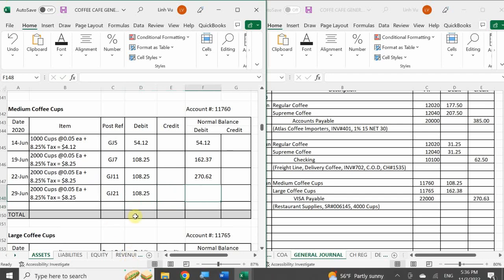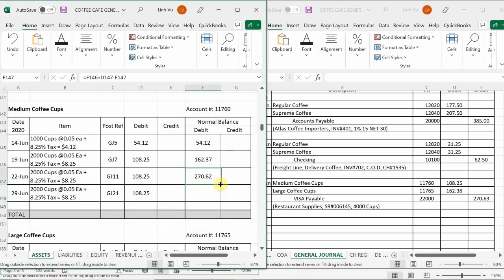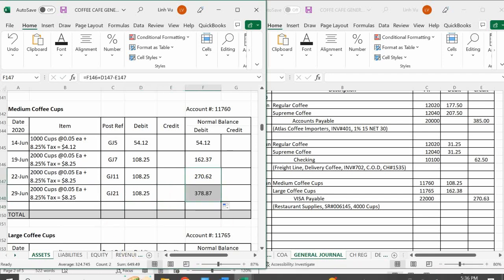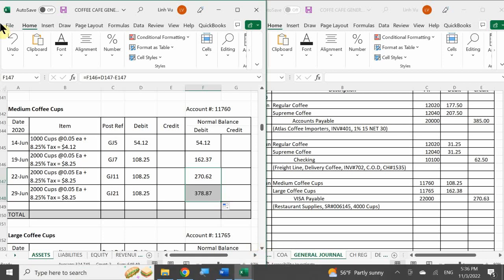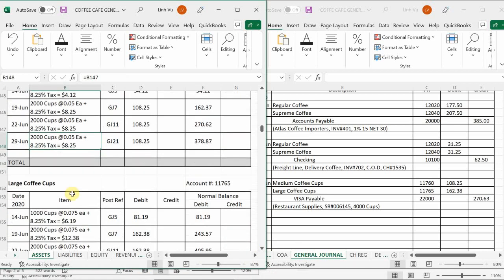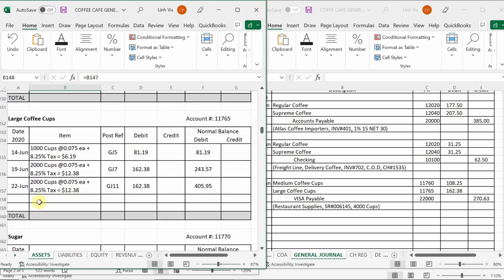And that ultimately increased your medium cups to $378.87. Then on the 29th, you also purchased 2,000 cups at 7.5 cents each plus 8.25%, which gave you $12.38 worth of tax.